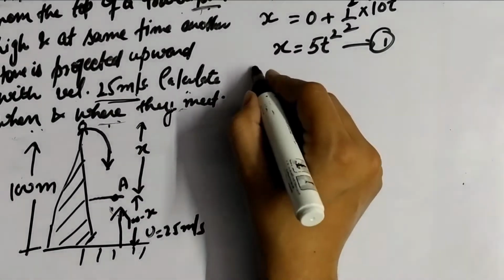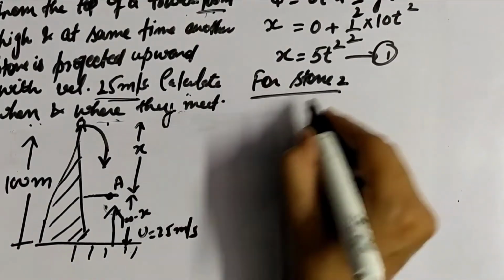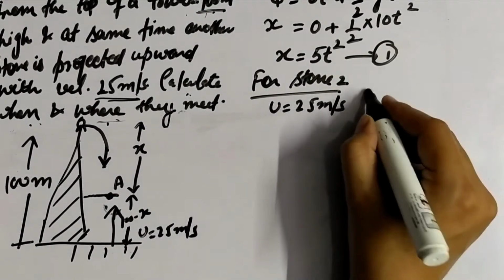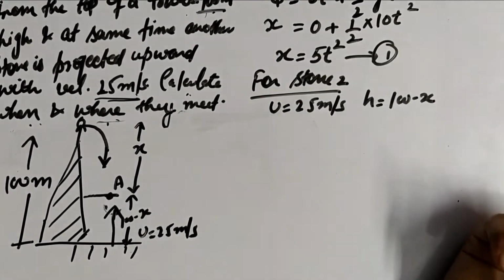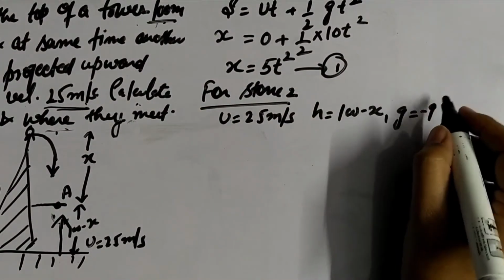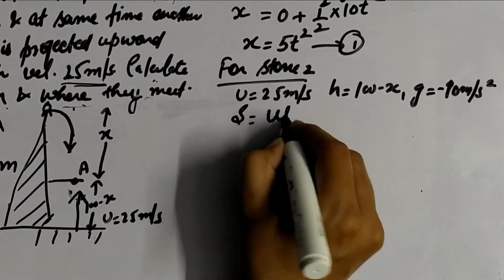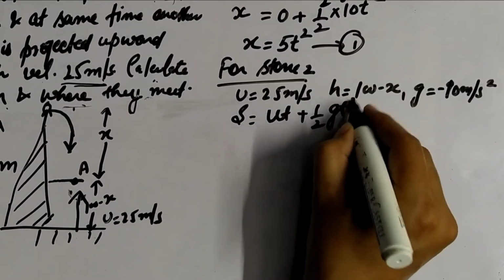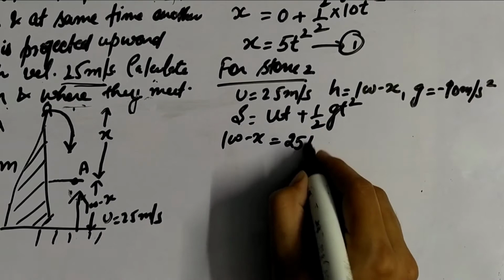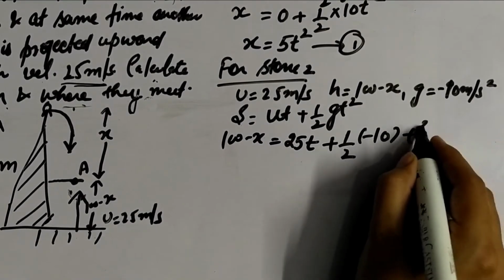Now for stone 2. This stone is projected in upward direction with velocity 25 meter per second, and it covers a distance 100 minus x. Because it is going upward, we will take g as minus 10 meter per second square. Again apply the same equation: s is 100 minus x, u is 25, t we need to find, half into minus 10 t square.